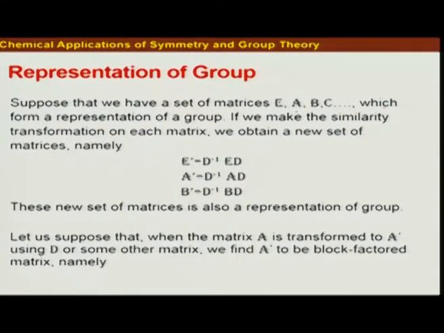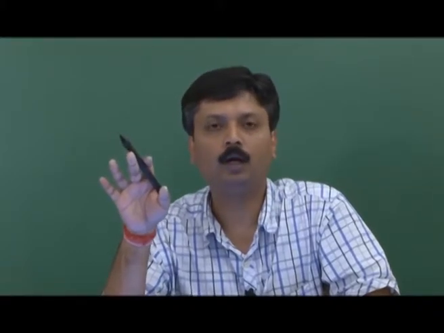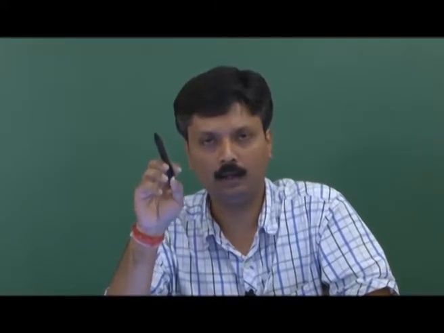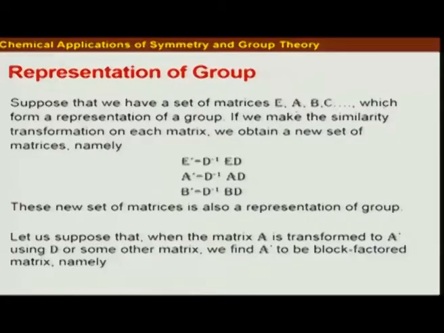Now if I do a similarity transformation on each of these matrices, we can find any matrix within the group which we will use for the similarity transformation. So that is what is shown here. Say I find a matrix D and use that to do the similarity transformation on each of the matrices of this group.